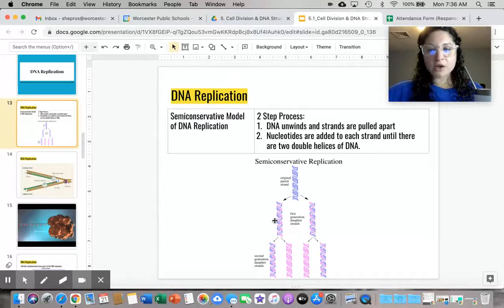Now, DNA can go on and replicate itself again if we need to make more cells. So again, you're going to see that these 2 strands are pulled apart from each other. Sadly, this isn't color-coded great for this second generation of DNA down here. But again, we are conserving our single strand of DNA with the blue strand. We're creating a new strand of DNA, a complementary strand of the pink strand.